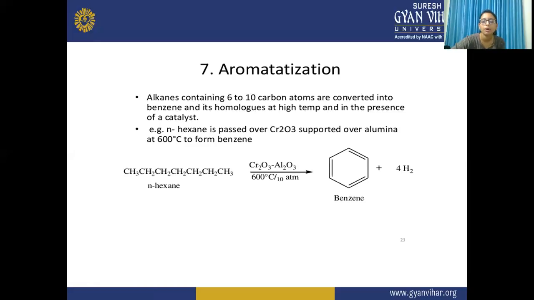These are the saturated compounds, and they are forming a product which is an unsaturated compound, that is benzene, which is having the double bonds. So here the hydrogens are removed from this straight chain, or you can say from this alkane, and hydrogen gas is evolved, and this reaction is occurring in the presence of chromium oxide, alumina at 600 degrees centigrade and at 10 atmosphere.